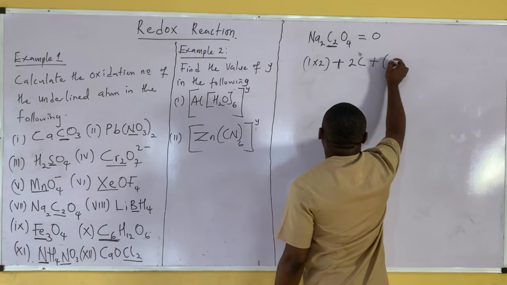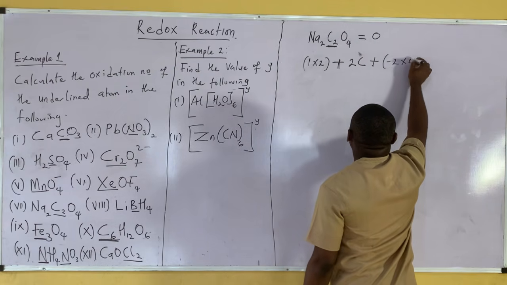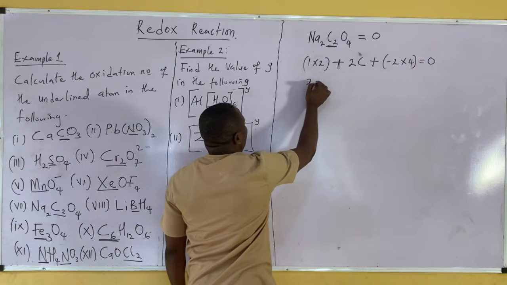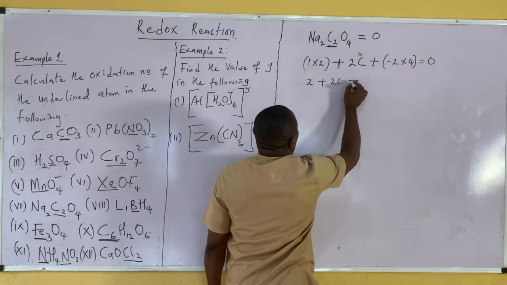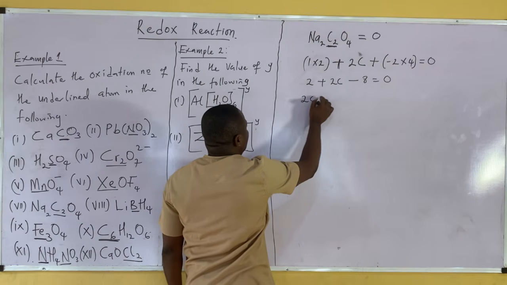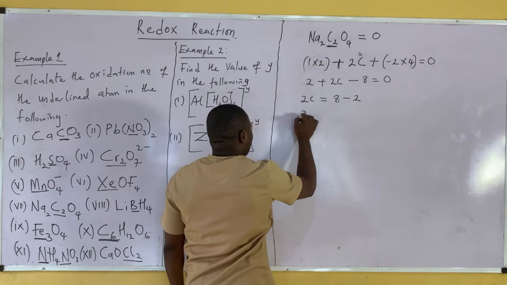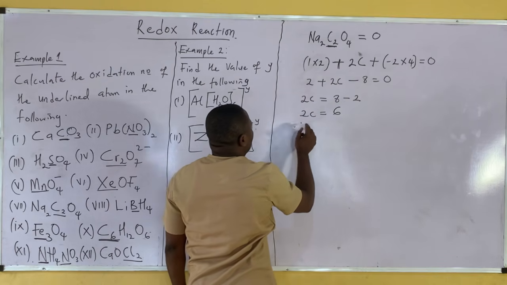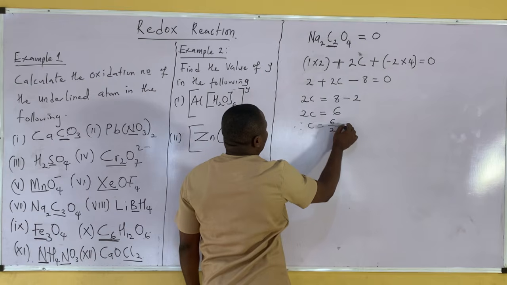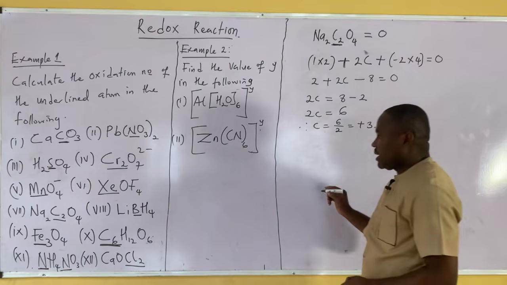It is minus 2. Oxidation number for oxygen is minus 2. Minus 2 times 4. Everything becomes 0. Now I have 2 plus 2C minus 8 equals 0. So 2C is equal to 8 minus 2. 2C equals 6. So therefore, C is equal to 6 over 2, which equals plus 3.